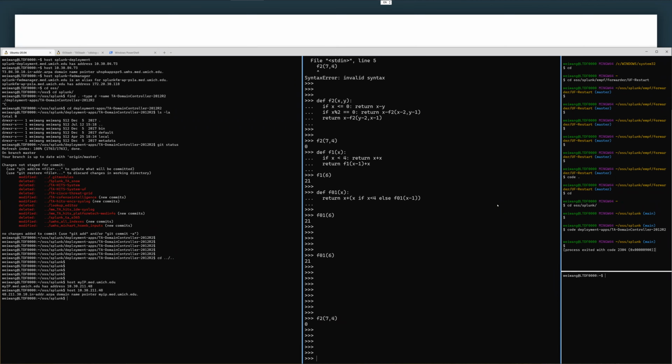So these are simple demonstrations of recursive functions. In the contest, the most important thing is that it will give you the definition of a recursive function in terms of itself.